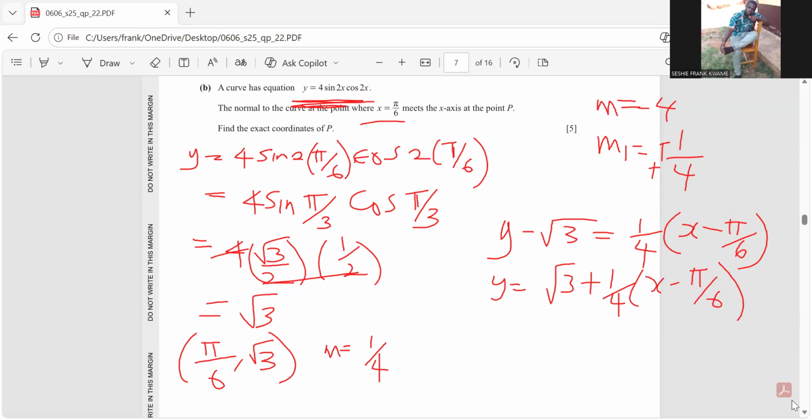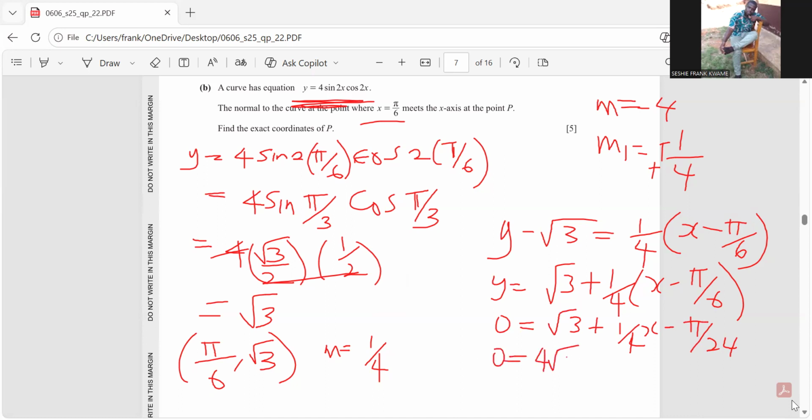But then we are looking at the point where this equation meets the x-axis. So if it meets the x-axis, don't forget at that point y is 0. So y is 0, root 3 plus, can expand now, 1/4 x minus pi on 24. Moving a step further, multiply by 4, that's still 0.